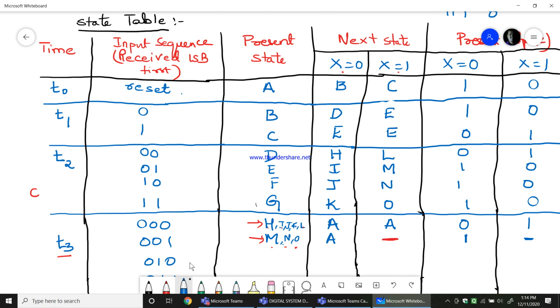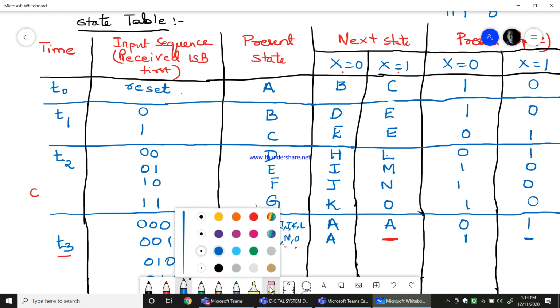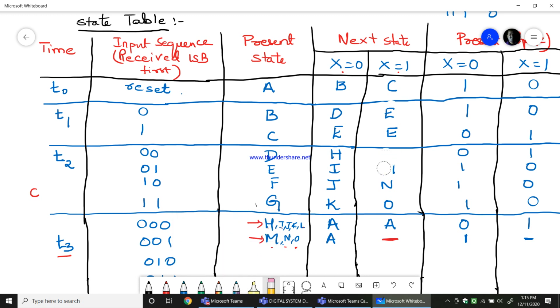Then this L, M, N, O, L is what? H only. So at T2, you see that H will be equal to H, I will be equal to, so what was that we had earlier?